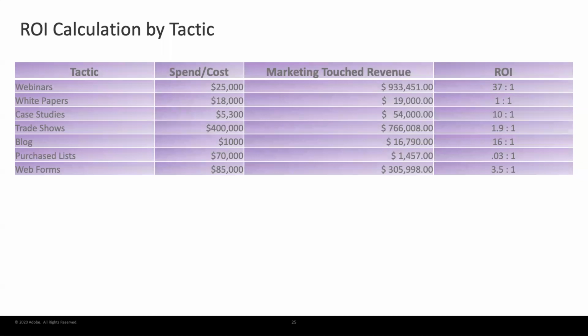So if you can pivot your tactic against your channel or sub-channel and start to understand what drives the best leads through those tactics, that'll help you start to optimize what your spend could and should look like as you're promoting a webinar, a new white paper, what have you.